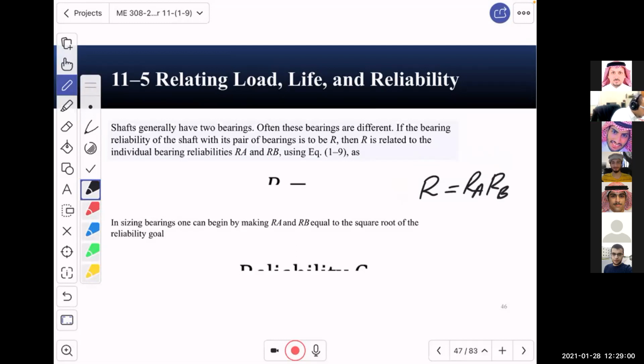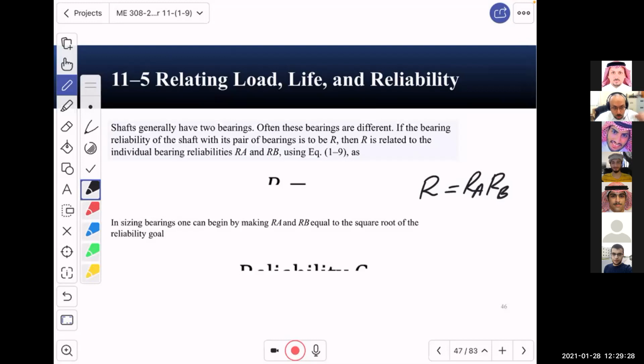And then what did we say? We said that if you want a targeted reliability, the combined reliability, the goal reliability. So let's say I told you we want a combined reliability of 0.92, like in this problem.